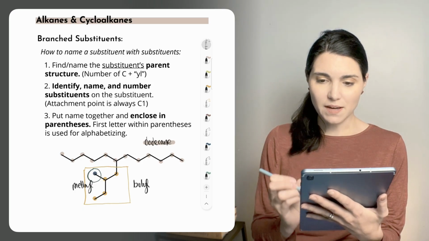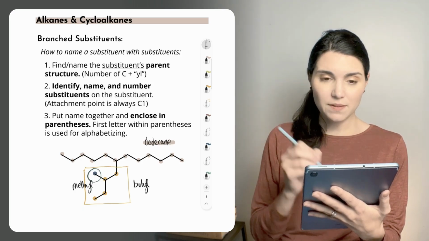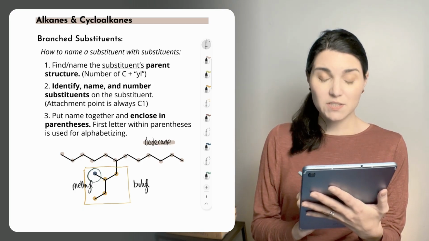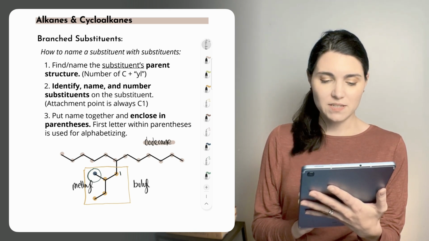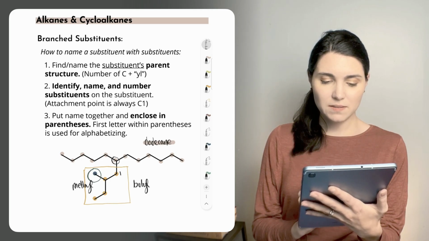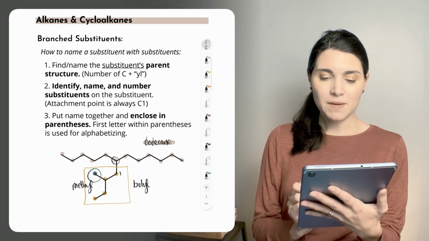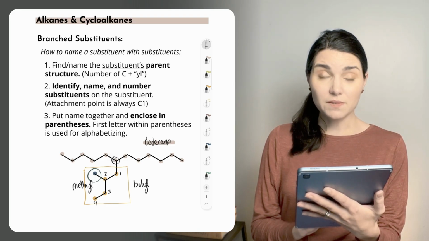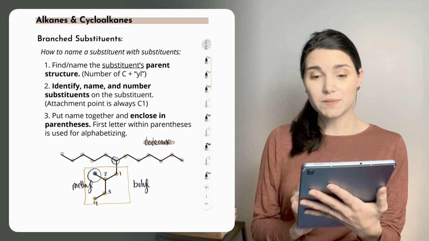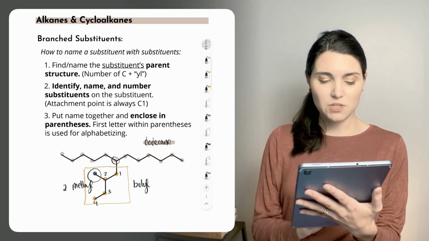And so to do that, we're always going to number the main substituent starting at the point of attachment to the main chain. So this is carbon 1, where it attaches here to the main dodecane chain, and then 2, 3, and 4. So the methyl substituent that's on the butyl substituent is on position 2.